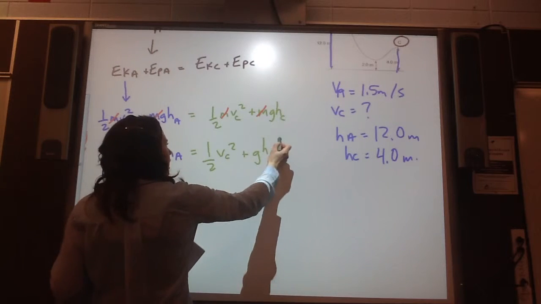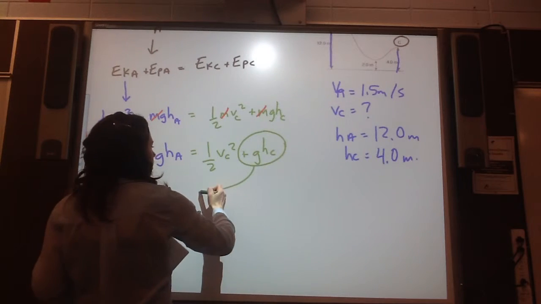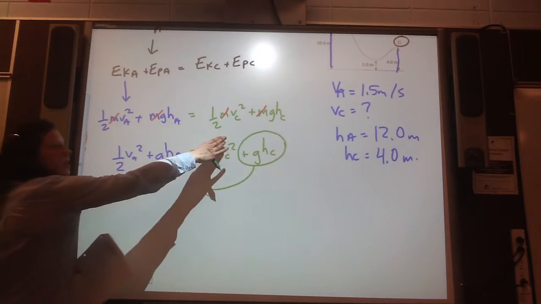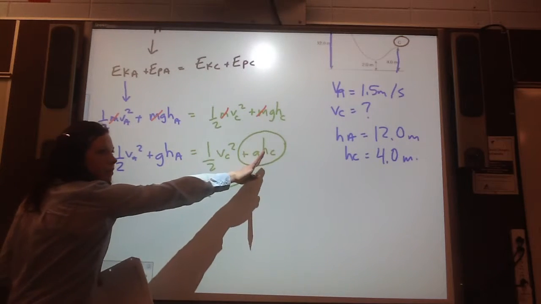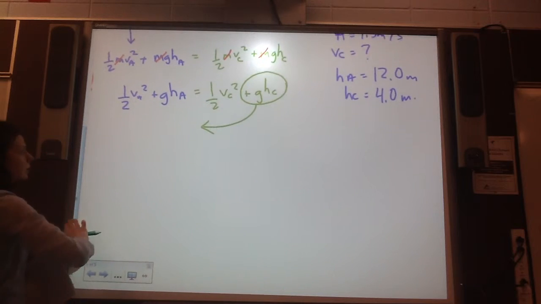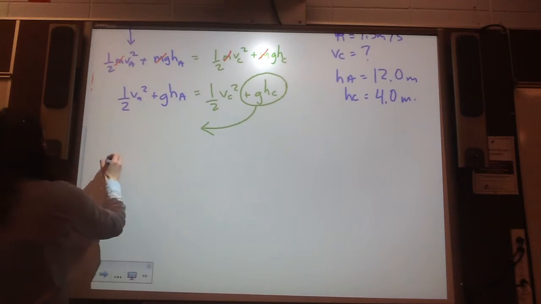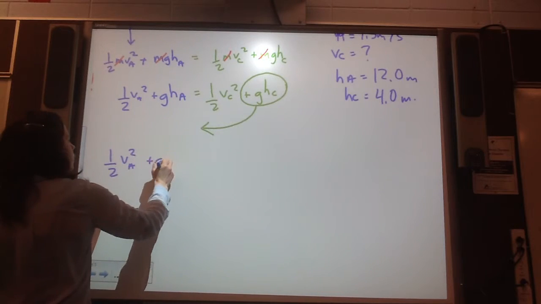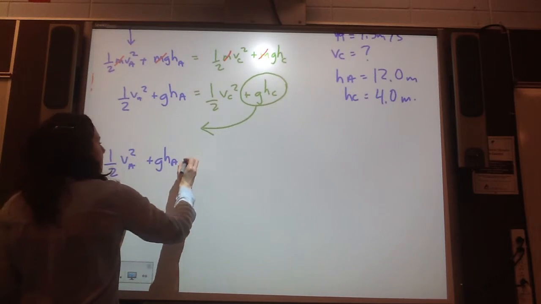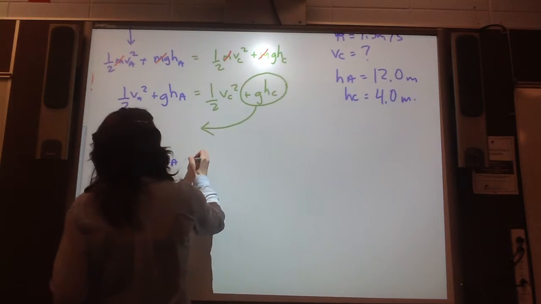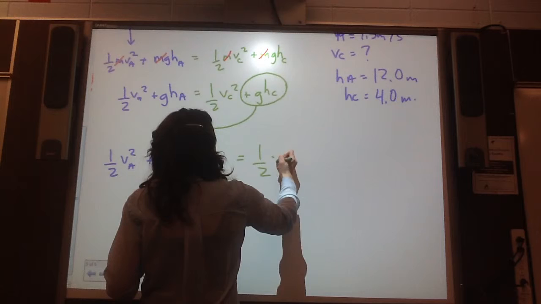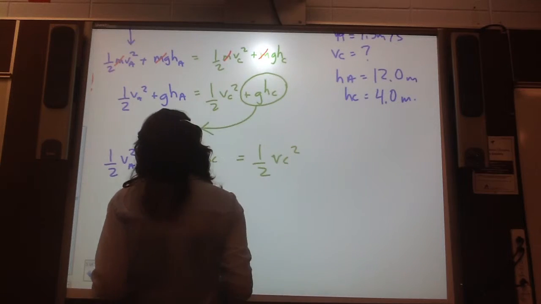What I'm gonna do is take this and bring it to the other side, so it's gonna be minus now, because VC is in this whole chunk, so I need to get rid of this chunk first. So I'm going to go half VA squared plus GHA minus GHC is equal to half VC squared.